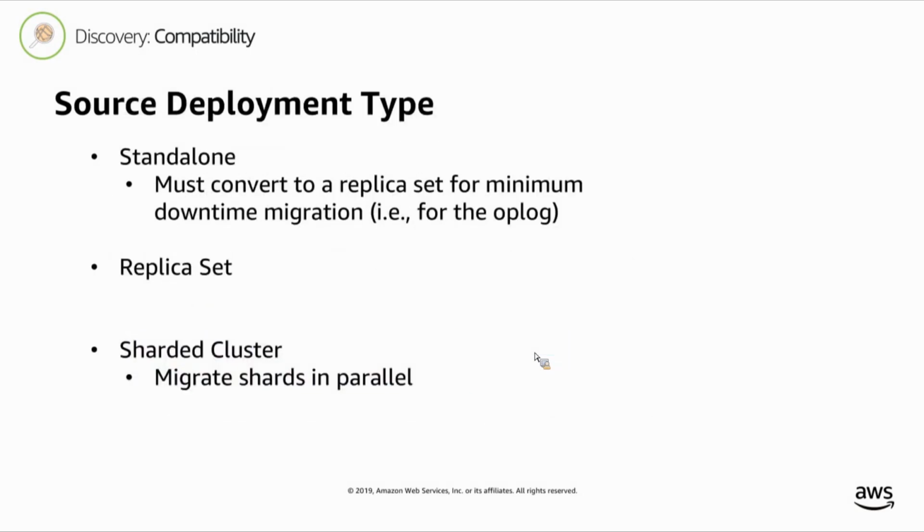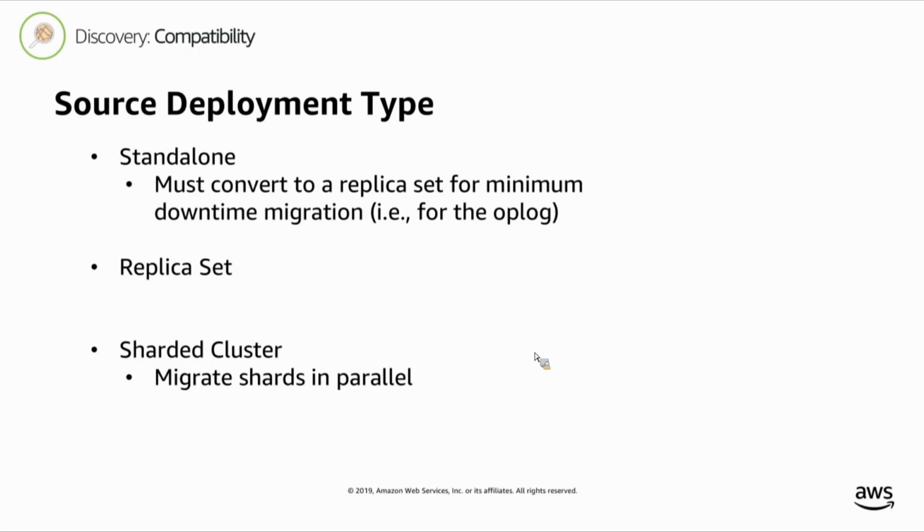So when we're thinking about our migration options, the type of source deployment of MongoDB is very important. We can have MongoDB deployed as a standalone, which is basically a single process running on a server somewhere. This is a pretty common implementation for dev test environments, not so much for production typically.